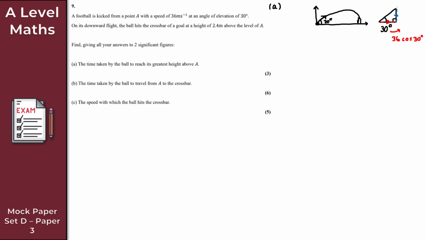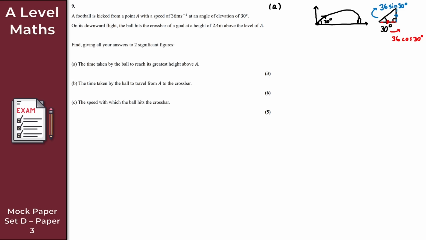Perfect. Okay. And then for the vertical component, let's do that in the correct color as well. That will be pretty similar then. You might have guessed it by now. That's going to be 36 sine of 30 degrees. Like so.